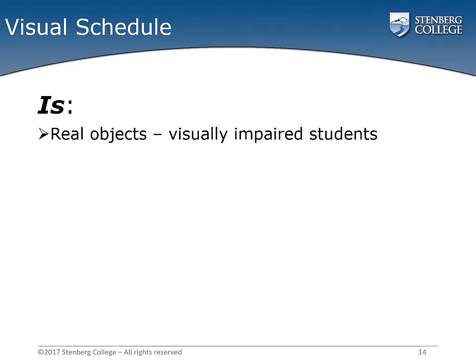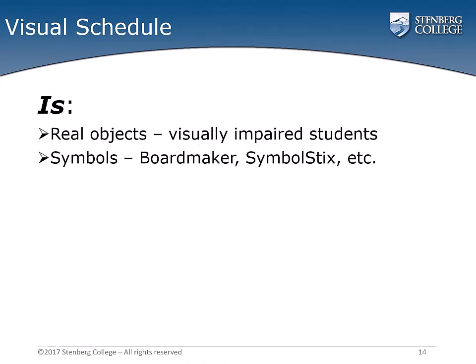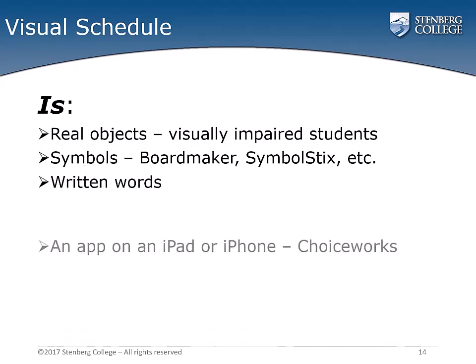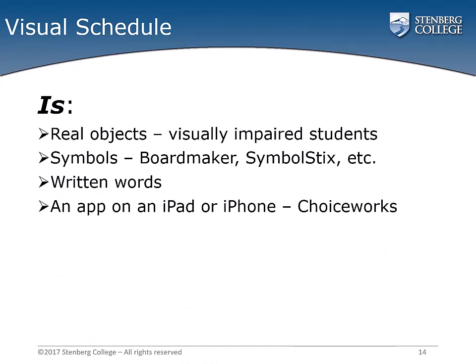Perhaps the most important tool for giving information is a visual schedule, which shows the student what activities they will do during the day, when those activities will occur, and in what order. A visual schedule is real objects for students with visual impairments, symbols such as Boardmaker or symbol sticks, written words for students who are literate, or an app on an iPad or an iPhone such as ChoiceWorks.